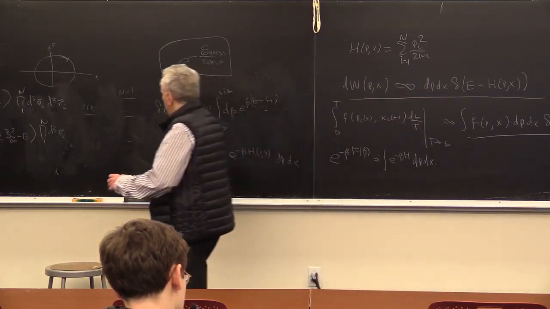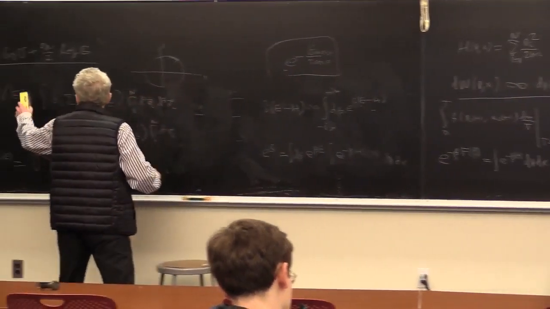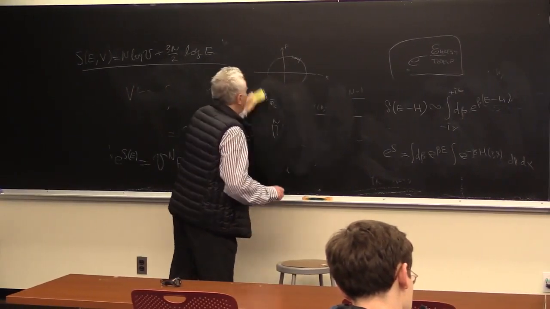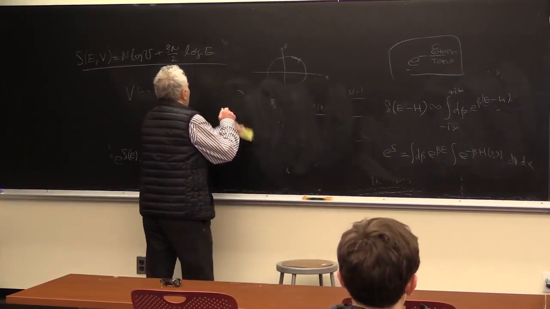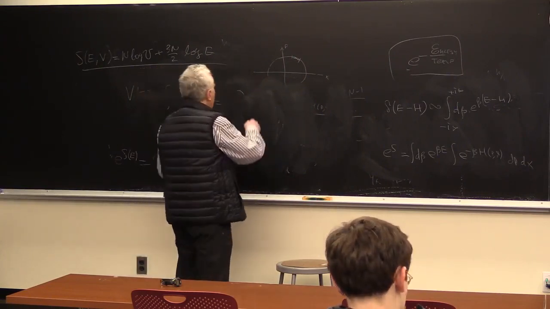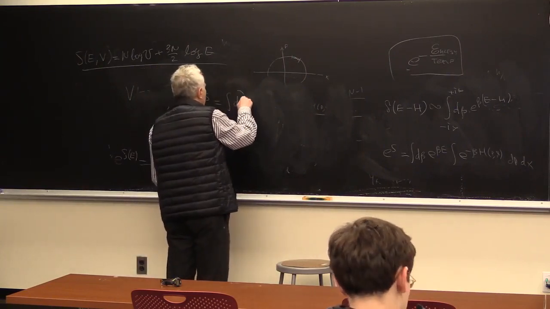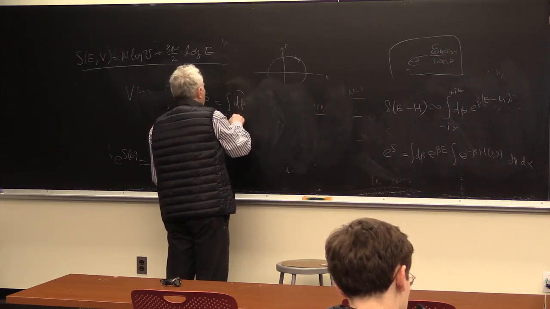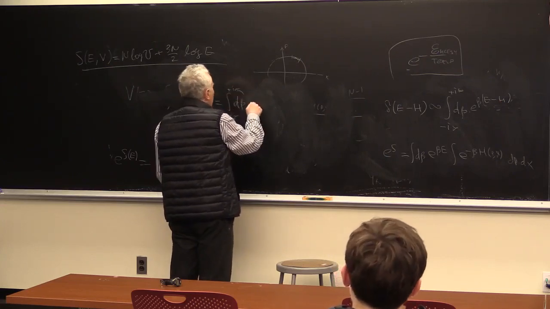And then we get the following relation for the entropy: e to the S is an integral over d beta from minus infinity to plus infinity.